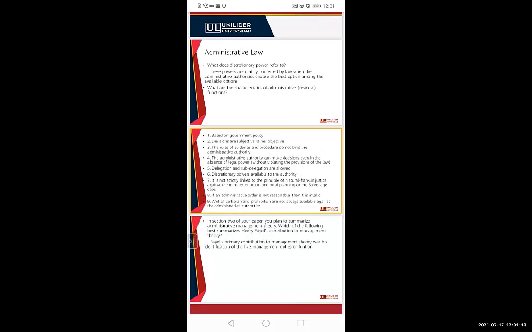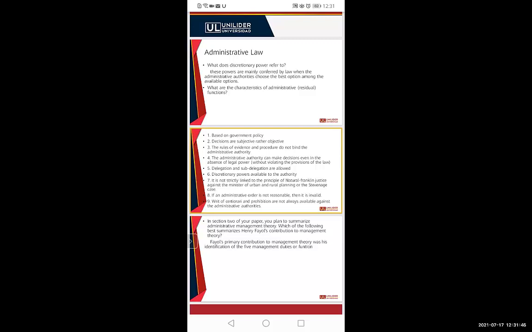The next question is the document, the text. And it says, in section 2 of your paper, you plan to summarize administrative management theory.